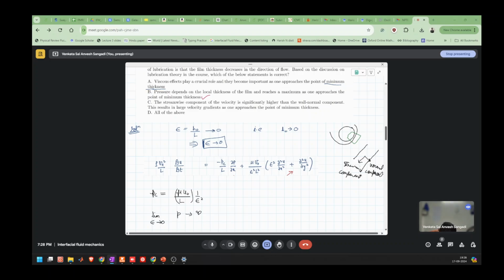So if we look at the viscous terms, basically these are the viscous terms, and we see that if we take the epsilon inside, we have epsilon square by epsilon square del square u by del x square plus 1 by epsilon square del square u by del y square.